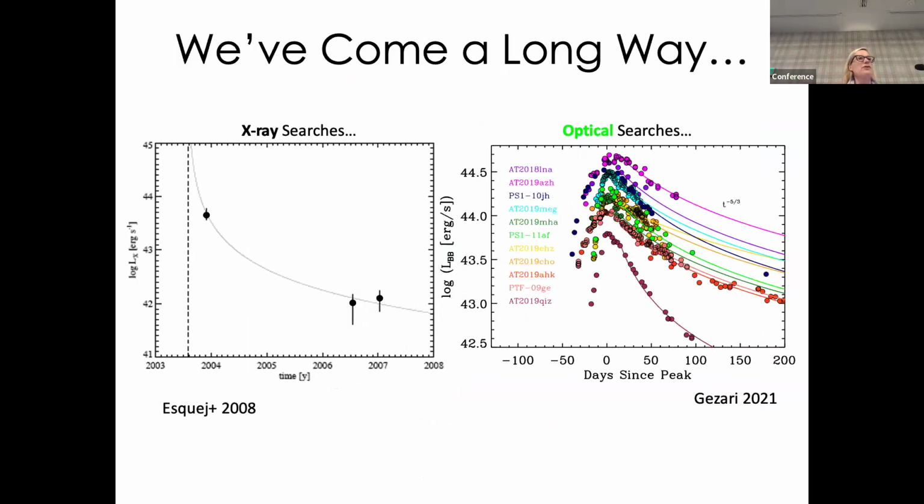And with these optical surveys, we've really come a long way in characterizing tidal disruption events, both in their light curve shapes as well as their multi-wavelength properties. And that's because we've been able to discover them in real time and with an excellent cadence. So shown here is the contrast between the first X-ray candidates that were found using X-ray surveys and now with our optical searches.